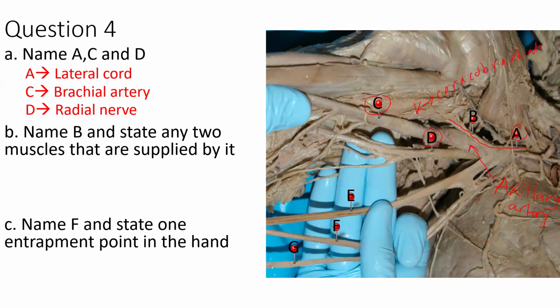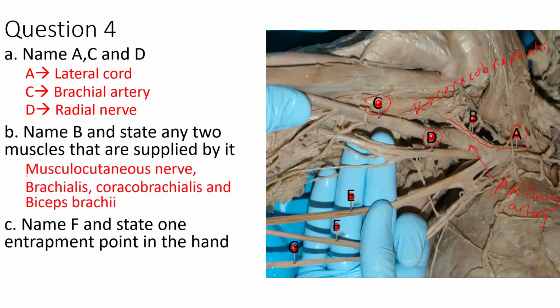That muscle is pierced by none other than the musculocutaneous nerve, and it supplies coracobrachialis, the biceps brachii, and brachialis. The reason it is known as musculocutaneous is because once it supplies those three muscles, it continues as the lateral antebrachial cutaneous nerve, supplying the lateral aspect of the forearm.